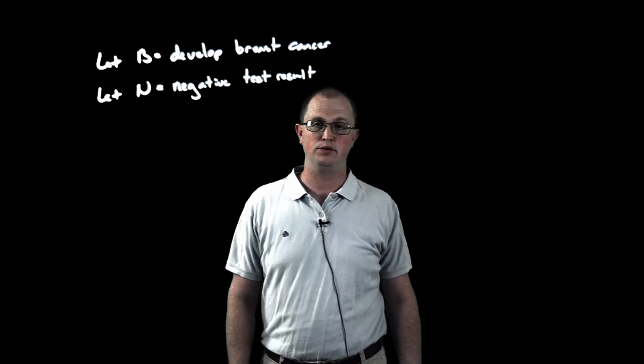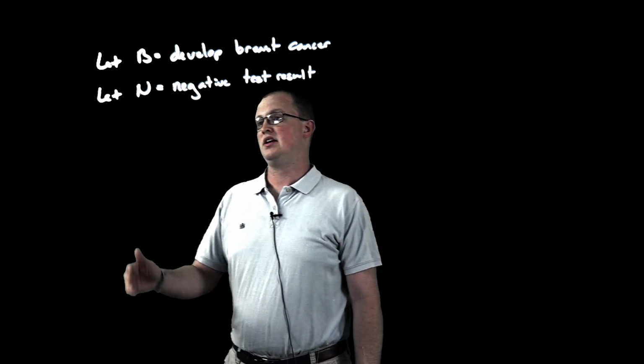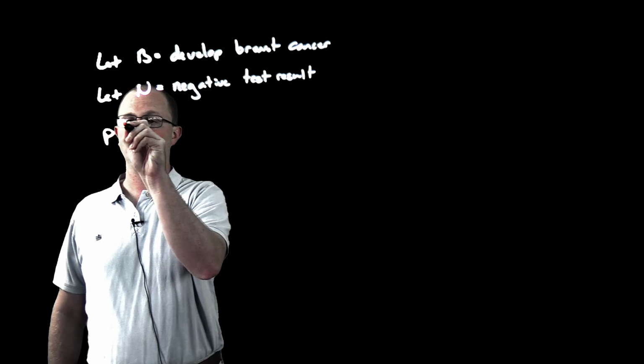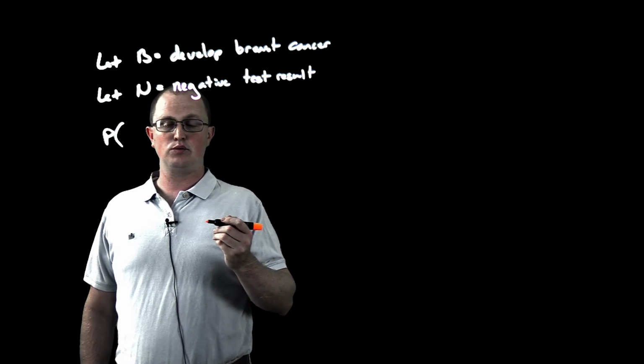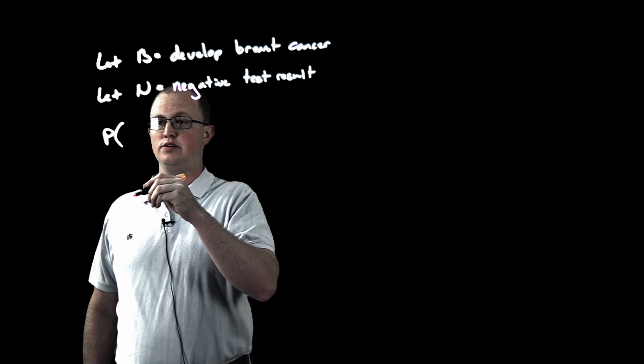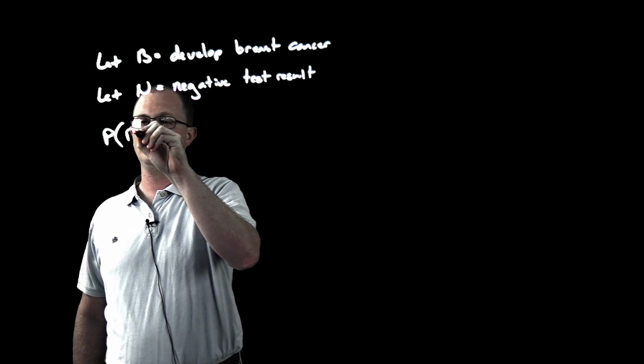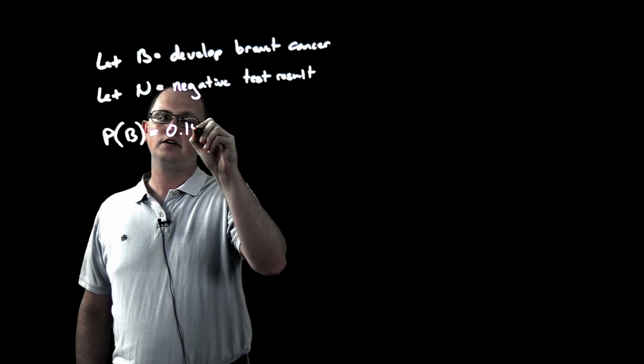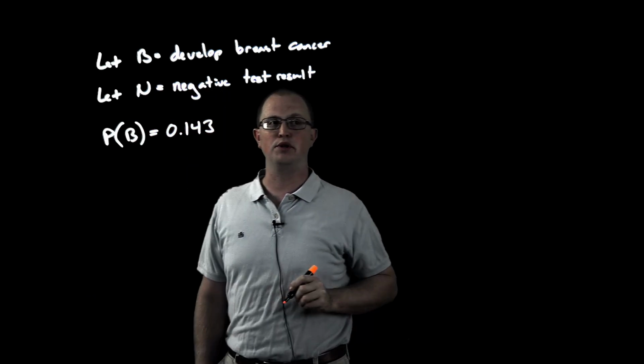And let's see what we can tell with this information. So the probabilities that we've talked about so far are the probability of a randomly selected woman who lives to be 90, for them to develop breast cancer, we said was about 1 in 7, so that's about 14.3%.